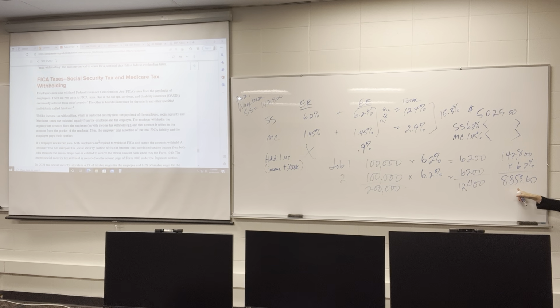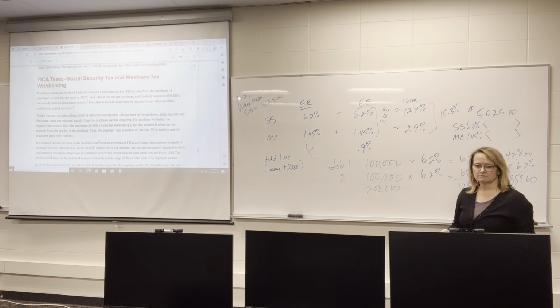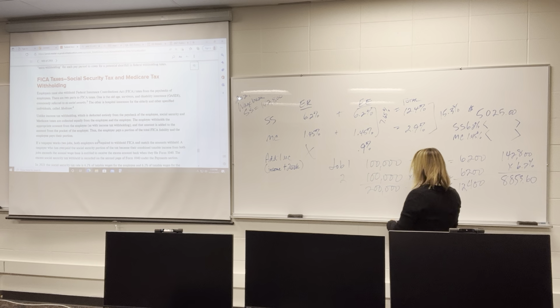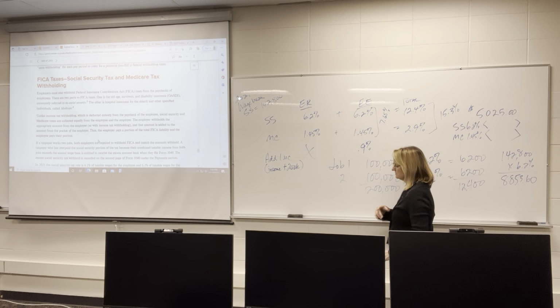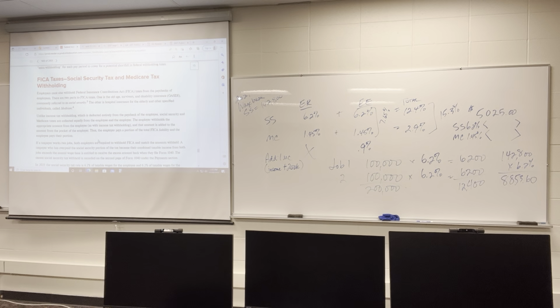This is what they owe for Social Security tax, but this is what they paid through both of those jobs. So the remainder, the excess that was paid, is going to get refunded on the tax return. There's a spot on the tax return on page 2 for excess Social Security withheld. It's along with that railroad tax thing on there. Okay? Questions?